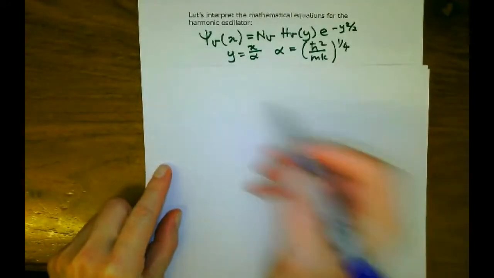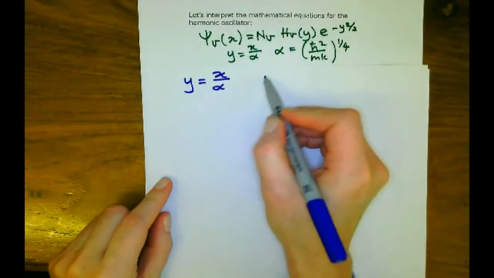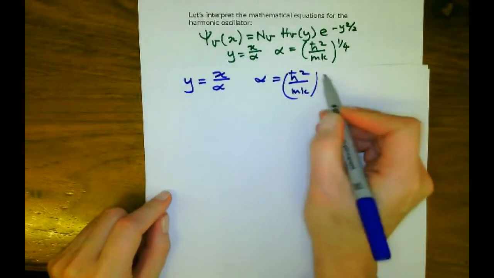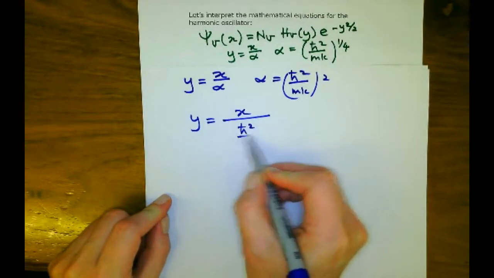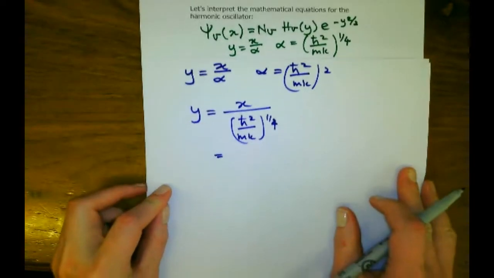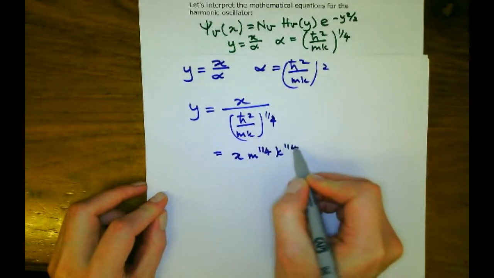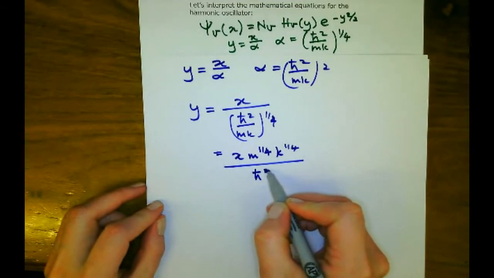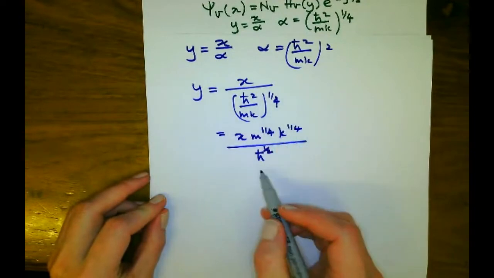Well, if we look at those equations, we know that y is equal to x over alpha, and alpha is equal to that. So y is equal to x divided by that, and that can be rewritten as x, and that becomes a half. 2 divided by 4 is a half.